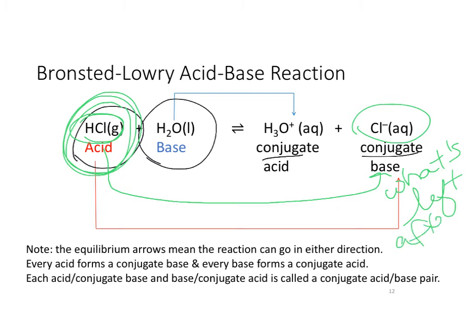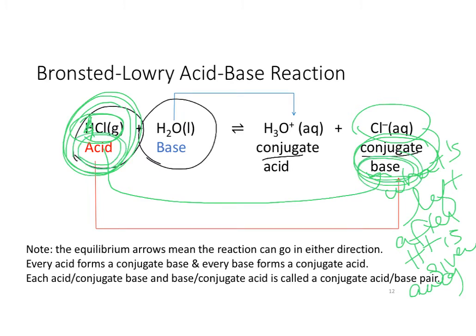After H plus is given away. All right, so you just take away a hydrogen atom from the acid. Whatever's left is called the conjugate base. Okay, so notice it started as an acid and it ended as a base. So acid always goes with base, base always goes with acid.